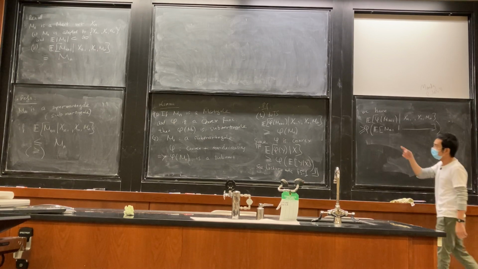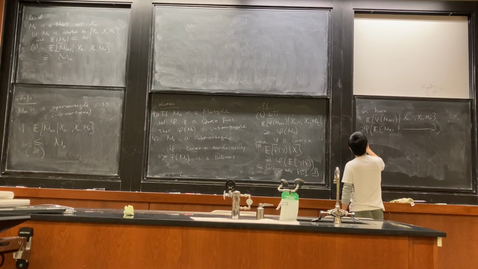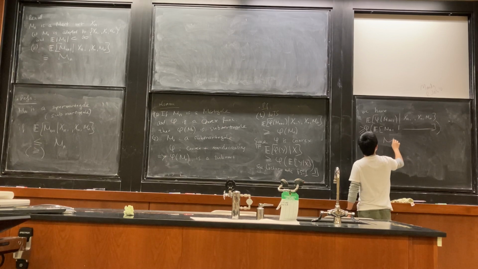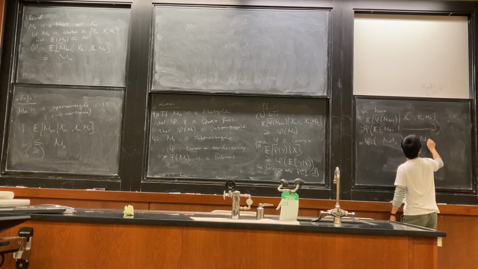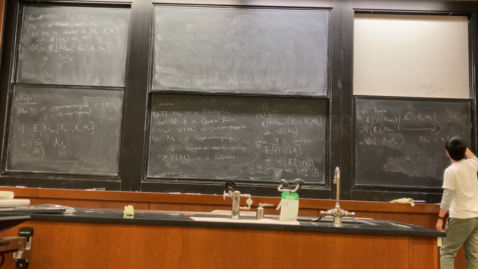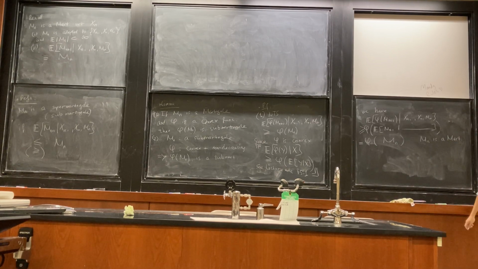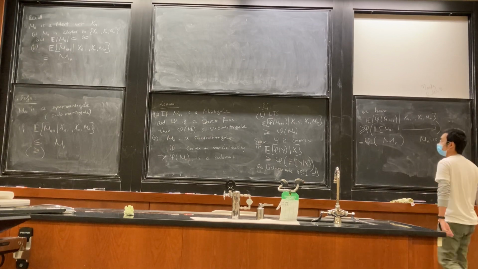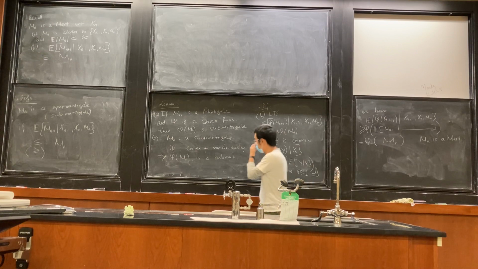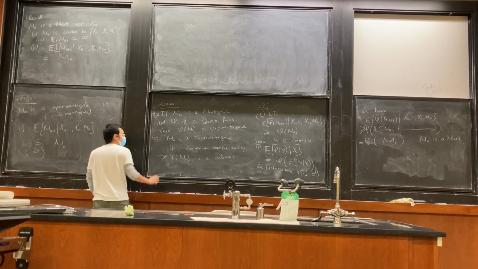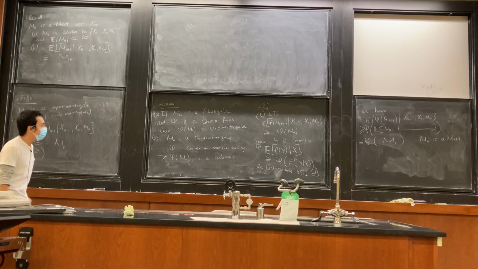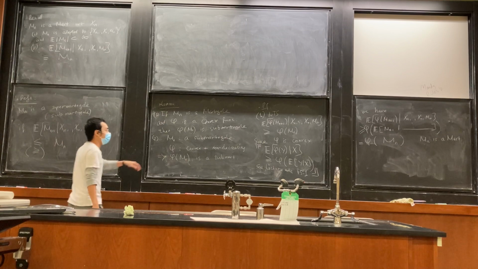Now we have to invoke the fact that Mn is a martingale. So this is the same thing as Mn, because Mn is a martingale. The second result is pretty much the same as the previous part, but now it's a submartingale.